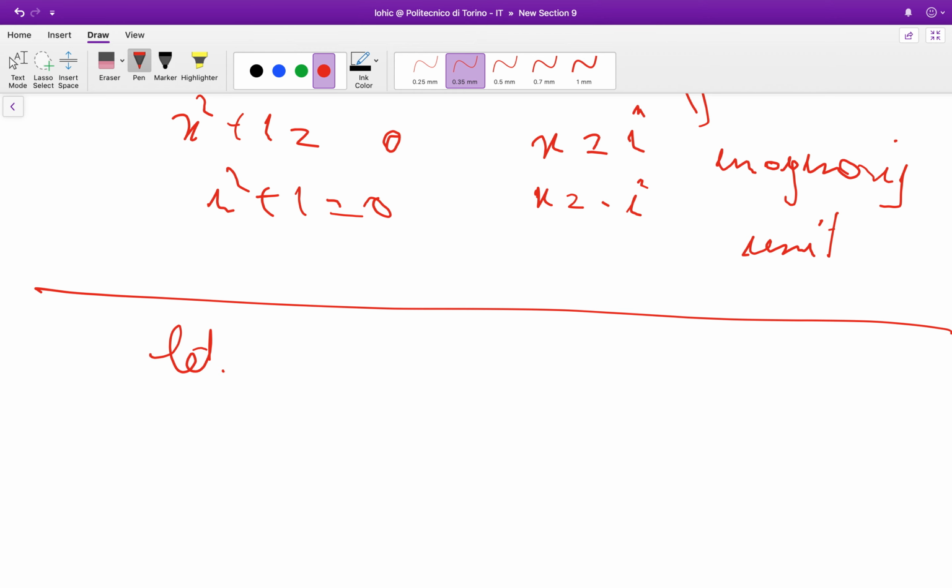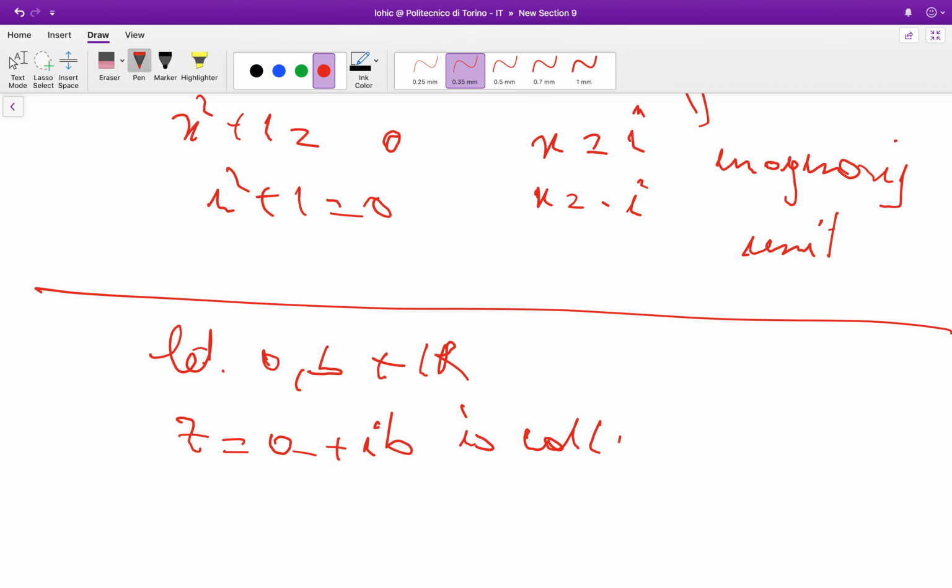A complex number can be defined like this: let a and b belong to R. The number z equal to a plus ib is called a complex number.